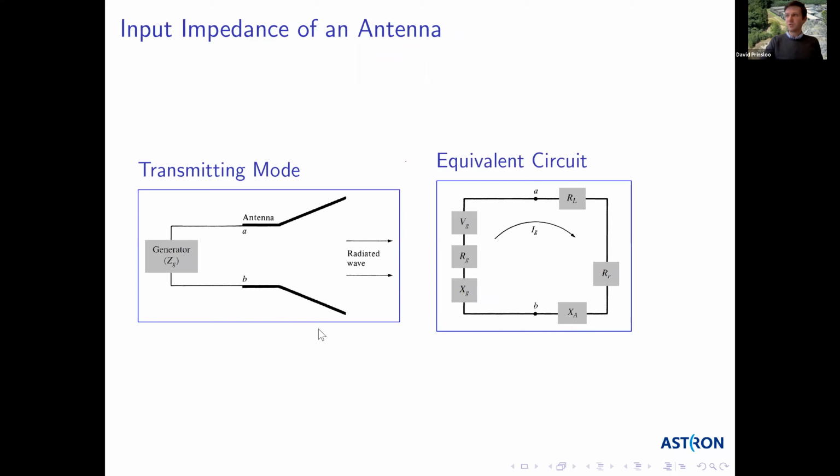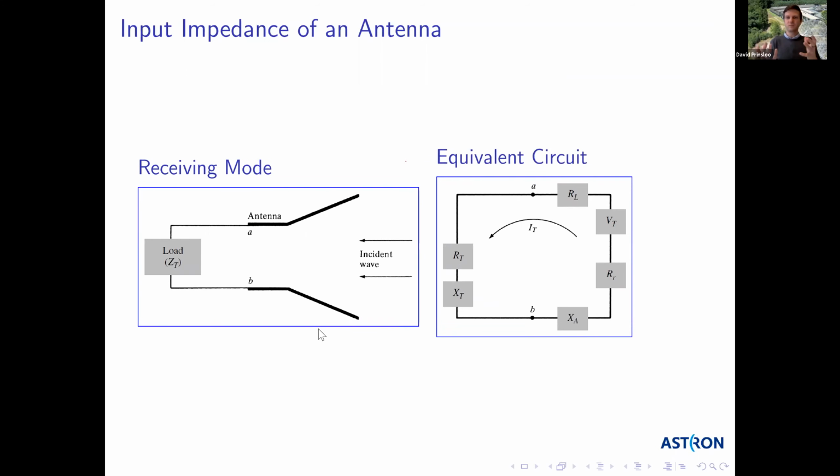This was now in transmit mode, but if you were to just reverse things and observe this antenna in receiving mode, then the circuit doesn't really change. The only thing that changes is instead of a generator voltage on this side, you only have a load on this side. And the signal induced at the antenna port is now indicated on the antenna side.